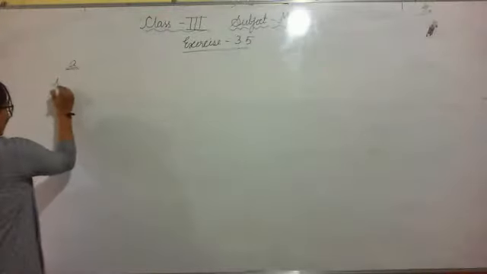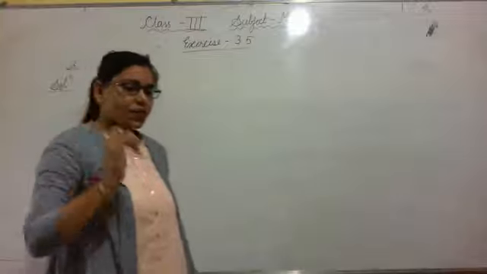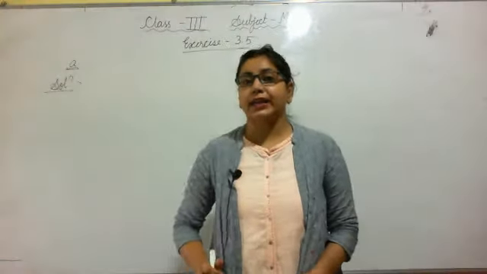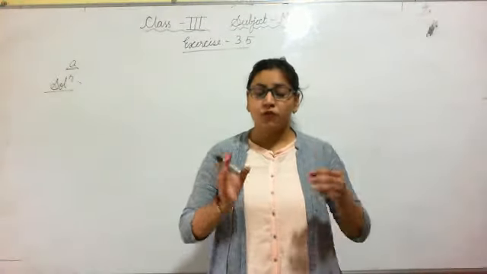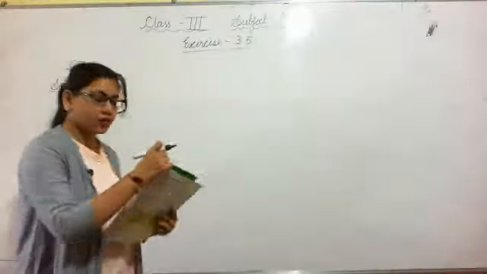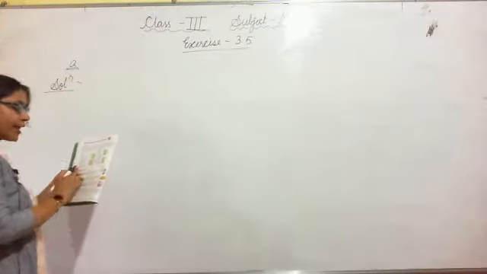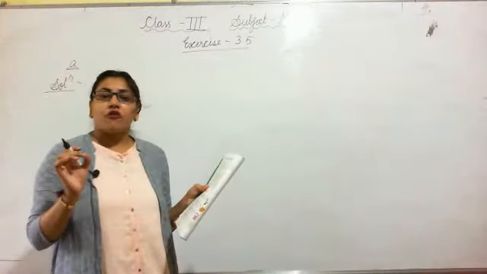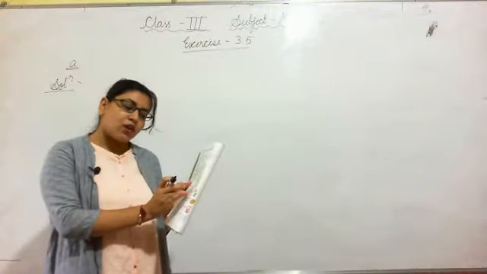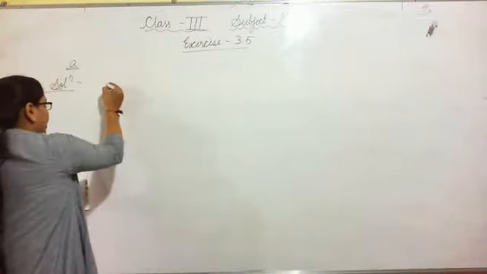So let's start the solution. First of all, we will find the total number of mangoes there were initially. For that, we will add the green mangoes and ripe mangoes. So let's write the given information first.